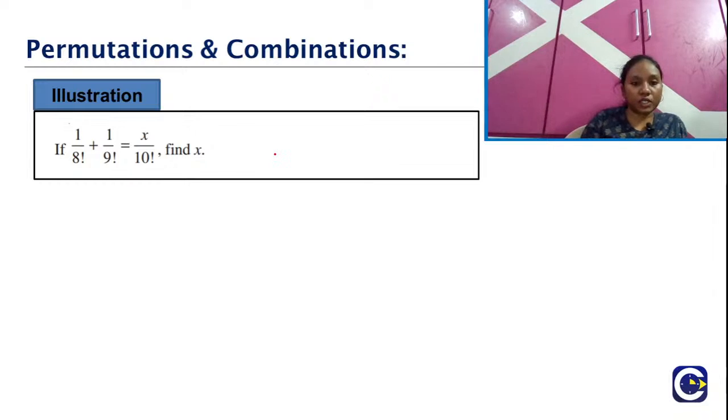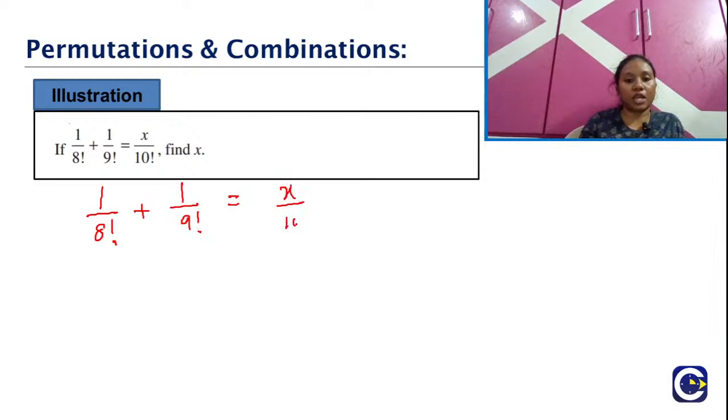The expression given here is 1 by 8 factorial plus 1 by 9 factorial is equal to x by 10 factorial, and we have to get the value of x.